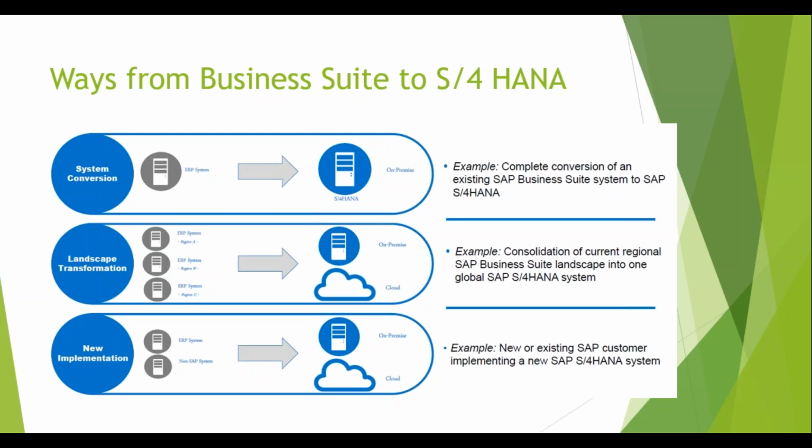And somebody asked me earlier the difference between simple finance and central finance, which I told you is more of a finance question, but this landscape transformation is mainly used for central finance. So you have three different ERP systems, and you want to perform the financial consolidation in one system.